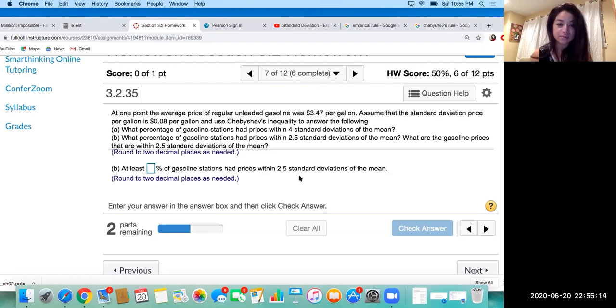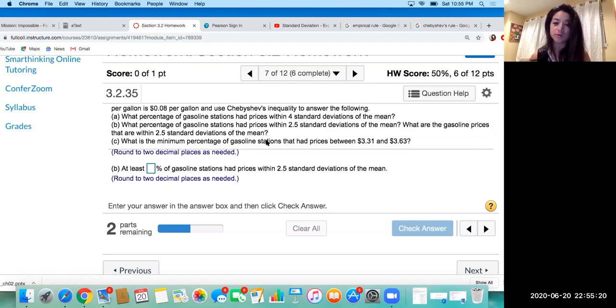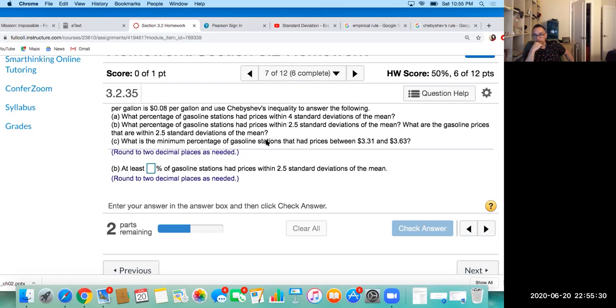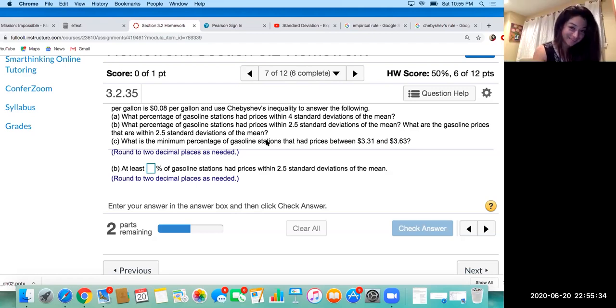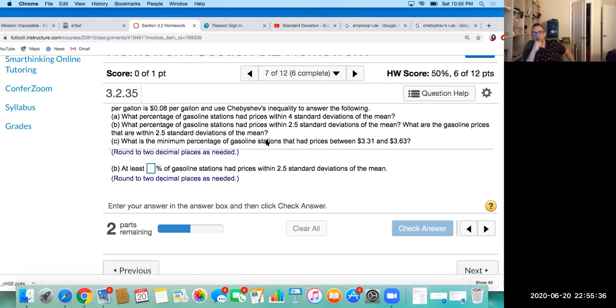What percentage of gasoline stations had prices within 2.5 standard deviations of the mean? So I'm plugging in 2.5 for K. This one's a decimal, so that would be hard.